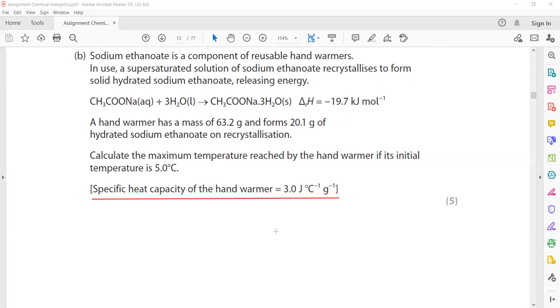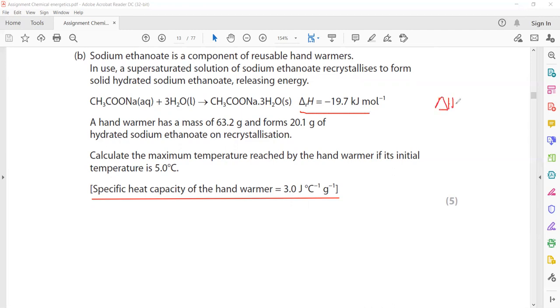So first, we will calculate the molar mass of hydrated sodium ethanoate, and from the molar mass we'll calculate the moles of hydrated sodium ethanoate, and from moles we have the formula E equals Cm delta T. We can work out how much energy is released. So basically we have delta H, and what is this delta H?